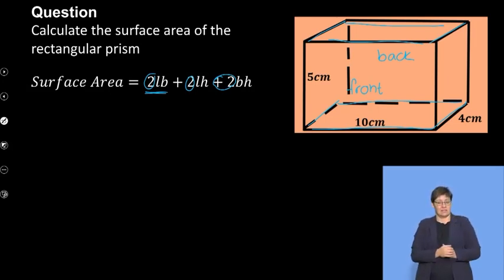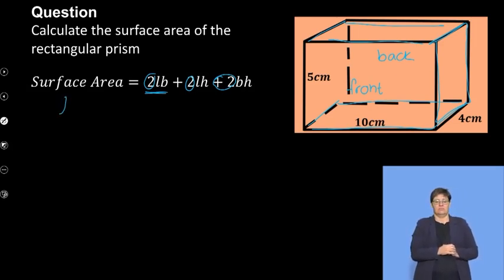Then lastly, for the left and right rectangles that make up this box, I'm taking 2 times the area of the left and the right rectangle. But before I start substituting in, my advice would be to identify which part of the formula is which. The reason this helps is that, in case you make a mistake in your calculation, at least you've shown your marker that you've identified the dimensions.